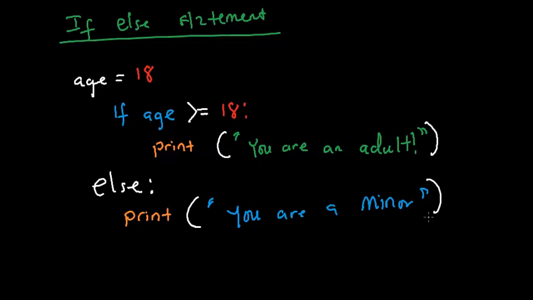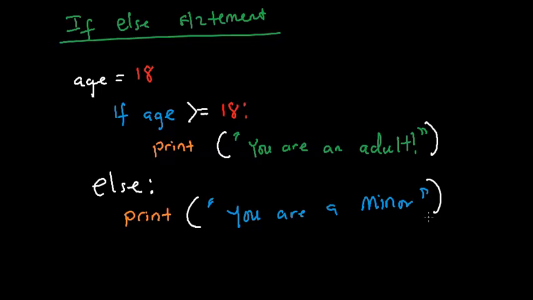So what we have here, notice that the if statement checks a condition which says age is greater than or equal to 18, and notice that if the age is 18 or more, it prints you are an adult. But if not, the else part will run.